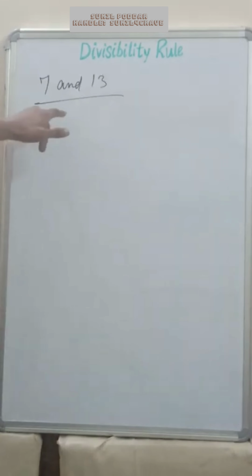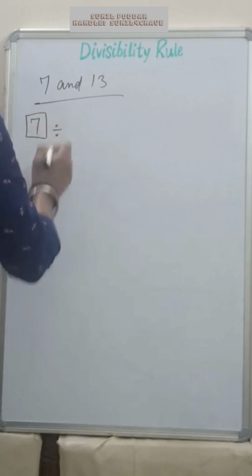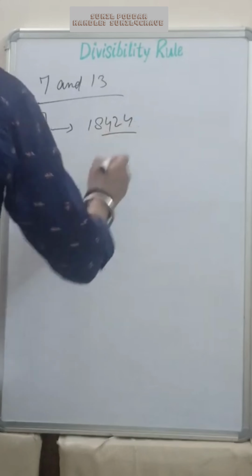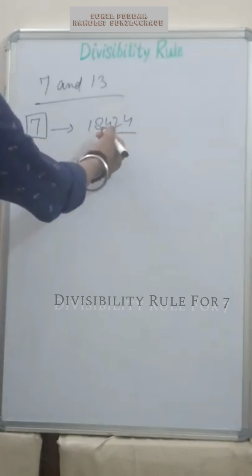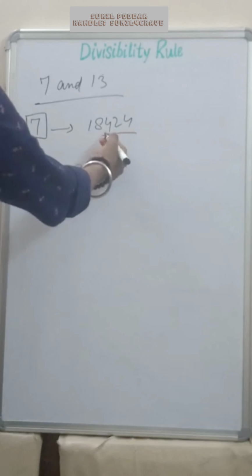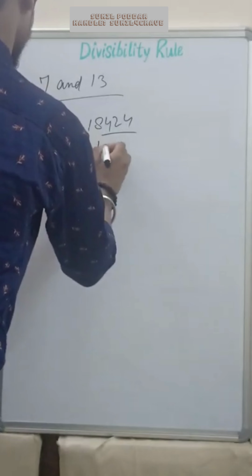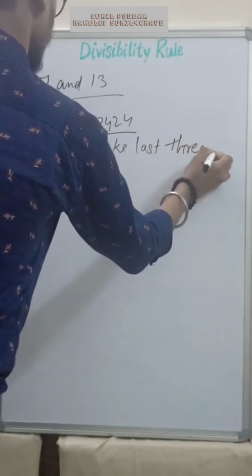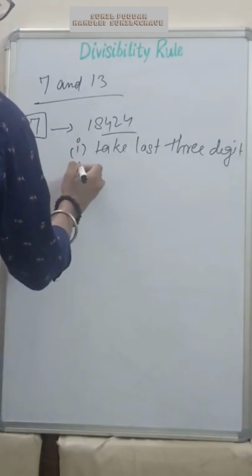Rule for 7. For a number to be divisible by 7, here always what we have to do is take the last 3 digits of the number, then subtract the rest from the last 3 digits.